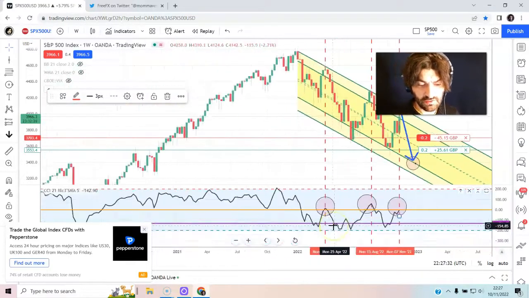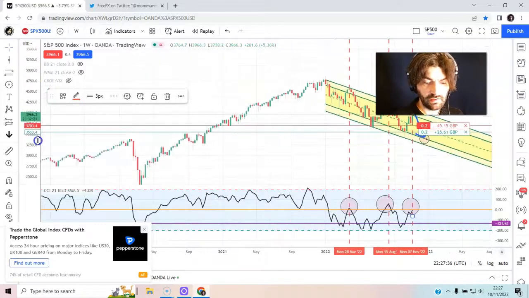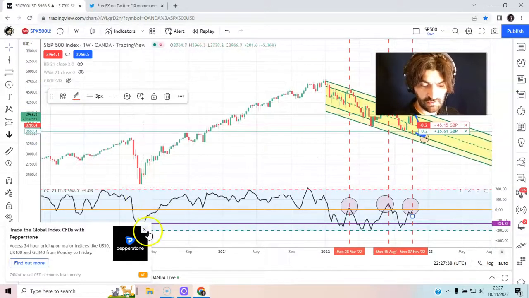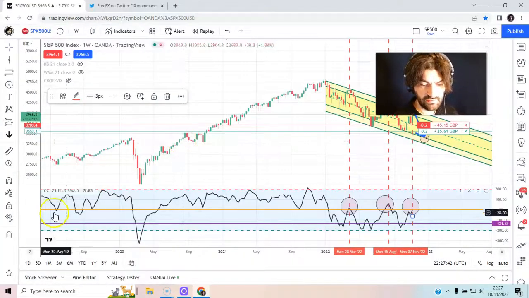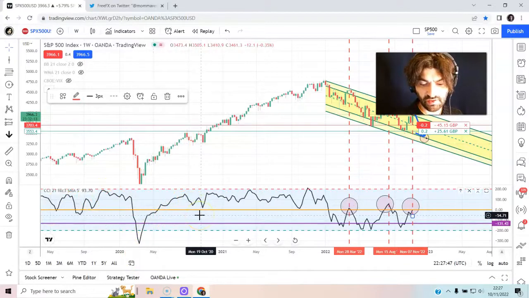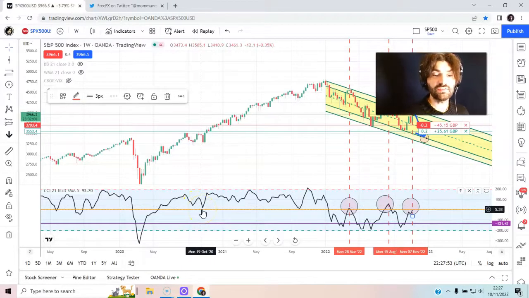Okay. So if we look at the previous stretch, obviously we had the pandemic there, that sort of V-shaped recovery. But essentially before that we were staying above zero, and then we were below shortly, and then we sort of went back up. So essentially it's the reverse. How many points do we have touching on the zero line there?